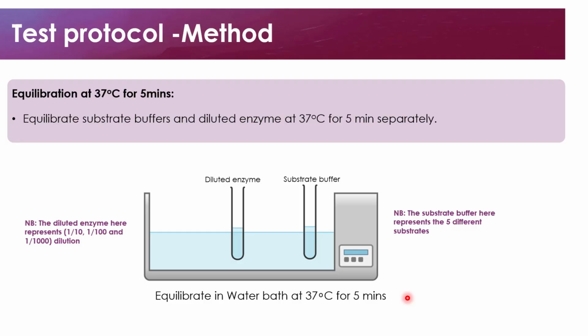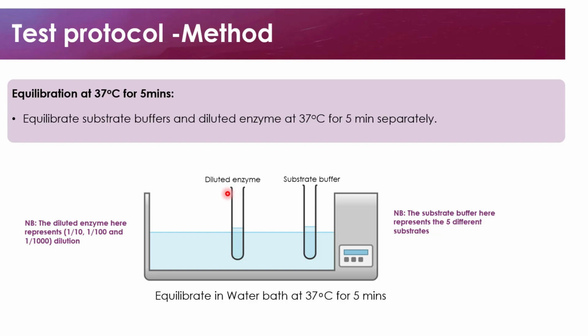So the next method is the equilibration of our diluted enzyme and our substrate buffers at 37 degrees Celsius for 5 minutes. So as we can see, this is our water bath set at 37 degrees Celsius, and we equilibrate the diluted enzymes and the substrate buffers by dipping them into the water bath set at 37 degrees Celsius for 5 minutes.